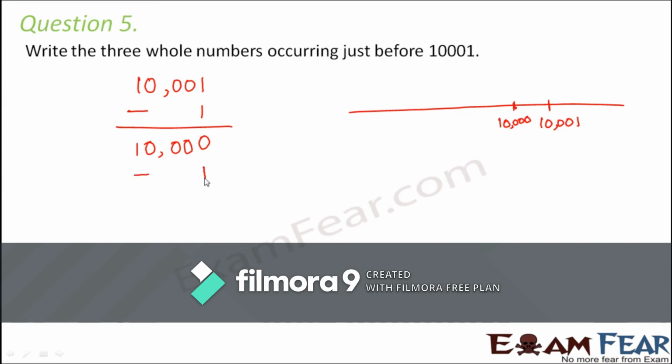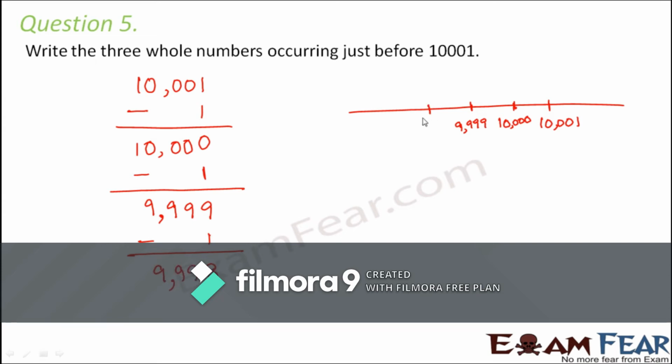Now what will lie before 10,000? So for that you will have to again subtract 1. So just before 10,000 would be 9,999. What would be just before 9,999? Again subtract 1.